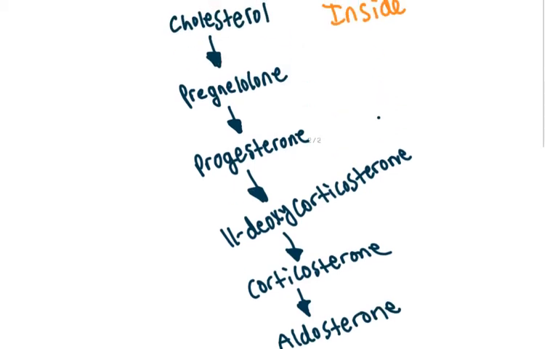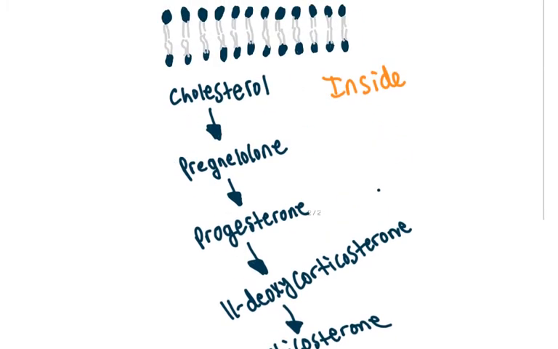This happens inside the zona glomerulosa cell in the adrenal cortex, and you can see that aldosterone is a steroid hormone because it's derived from cholesterol.